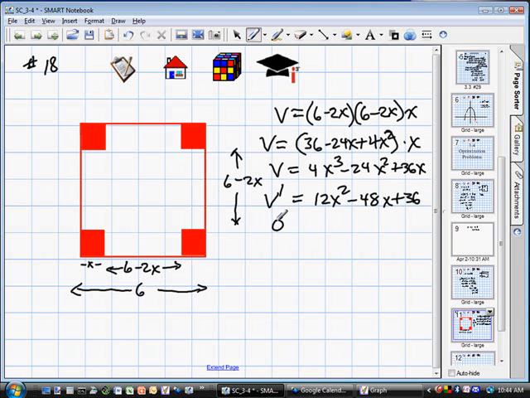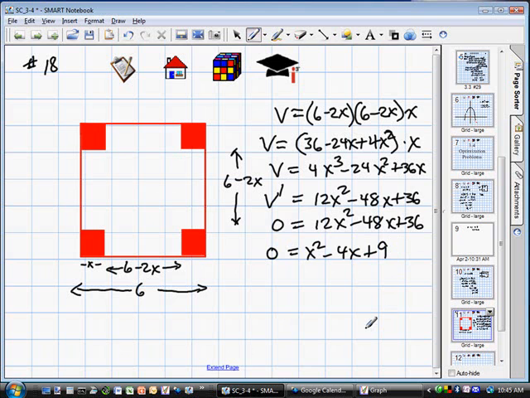Now, when will that be equal to 0? Can't I divide that whole thing through by 12? Do you notice they're all divisible? So 0 equals x squared minus 4x plus 3.